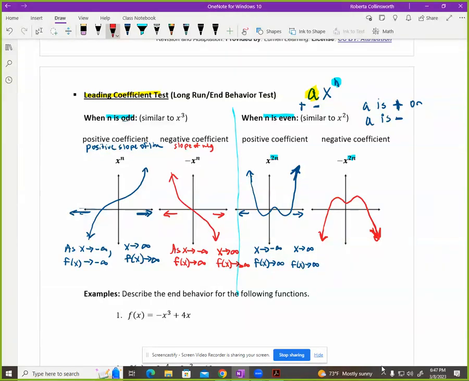So let's look at our last one. As x approaches negative infinity, so I'm going to the negative infinity part, f of x is also going to negative infinity. And here, as x is approaching positive infinity, f of x is going to approach negative infinity.